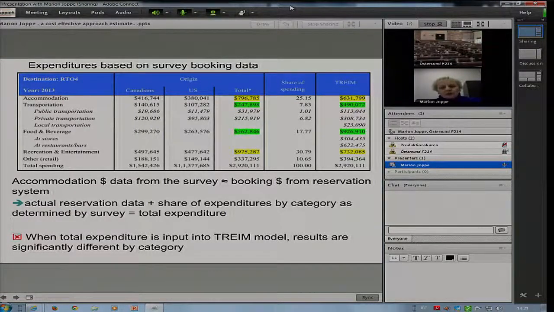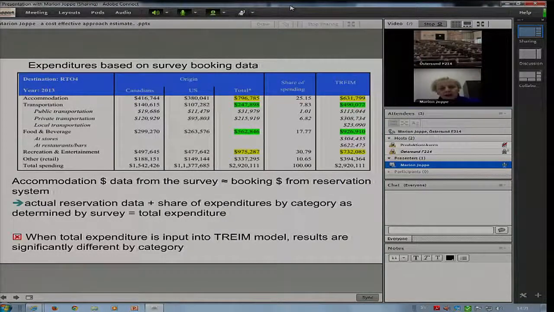So what we did was, out of our survey data, we had detailed spending and were therefore able to calculate the percentages from the survey data. These are the percentage, the share of spending for the various categories as they appear in TRAIN.